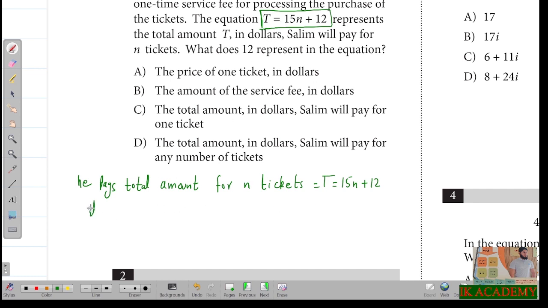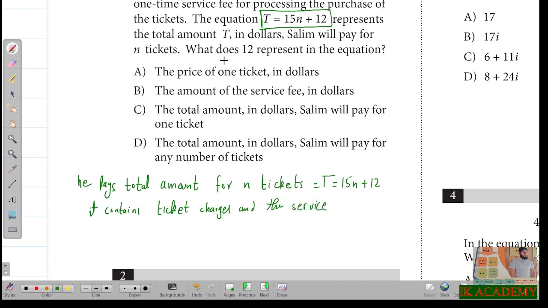So it contains both the ticket charges and the service fee.